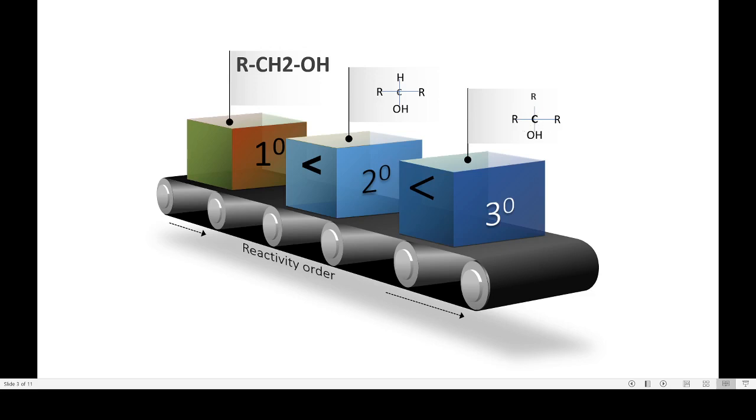A carbon bearing positive charge is called a carbocation. So tertiary carbocation is more stable than the secondary carbocation, and than the primary carbocation. Hence the reaction will proceed very fast compared to the secondary and primary.